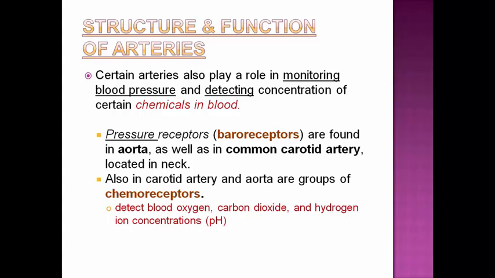Now, as far as the chemistry of the blood in the carotid artery and also in the aorta, you have chemoreceptors that are dispersed there. Chemoreceptors are responsible for detecting changes with blood oxygen, also carbon dioxide in the blood, and we'll see later on that carbon dioxide and oxygen have to be at homeostatic levels. You can't have too much oxygen or too much carbon dioxide. Either one would cause problems.